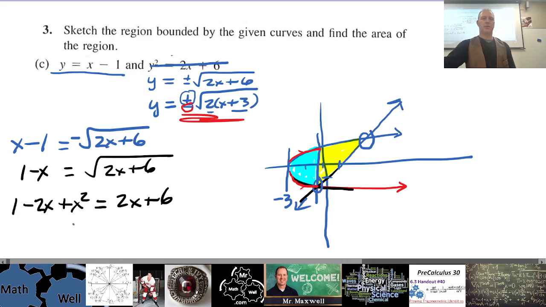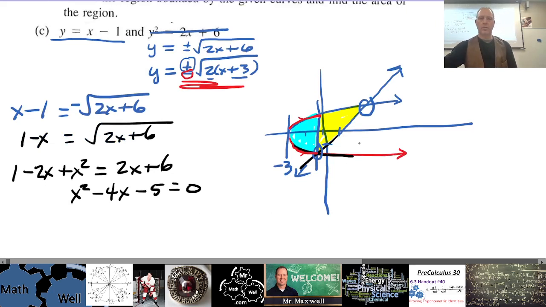And if I got everything over to the same side of the equation, what would I have? I'd have x squared minus 4x. I'd subtract 6 from this side, it'd be minus 5. And I would have here x minus 5 times x plus 1 equals 0.